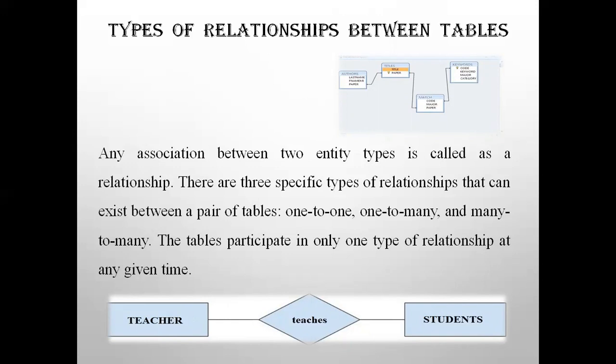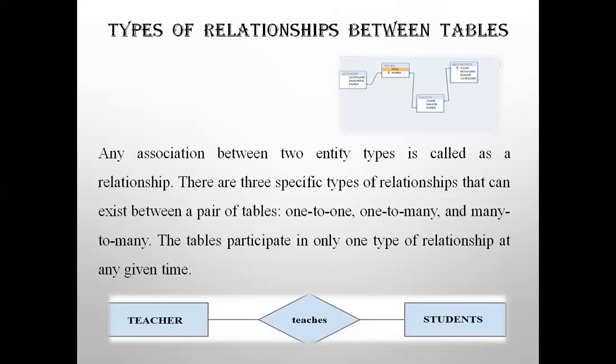So when analyzing a table relationship, you need to look at the relationship from both sides, because when creating a table relation, you work with two tables at a time. Any association between two entity types is called a relationship. The tables participate in only one type of relationship at any given time.